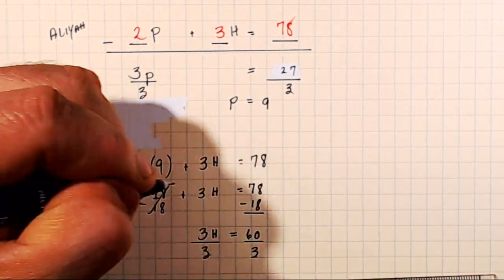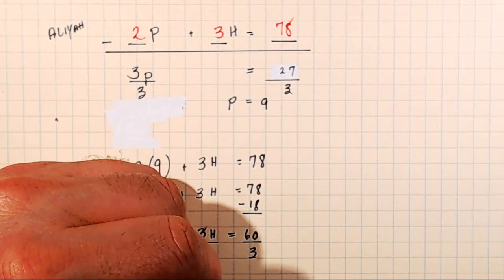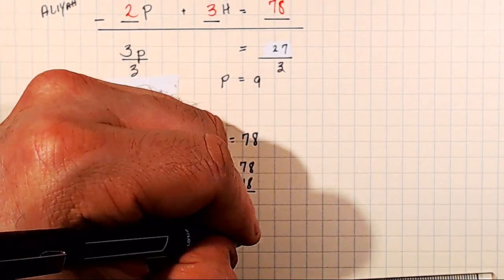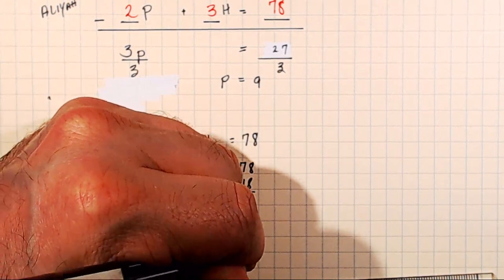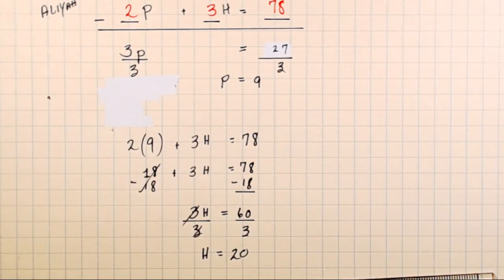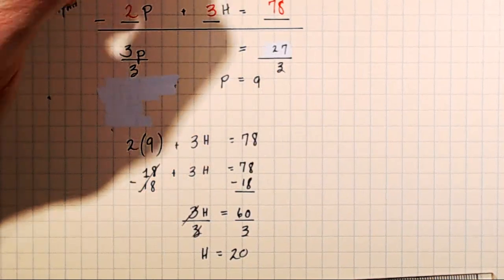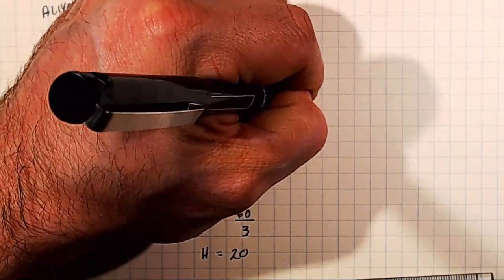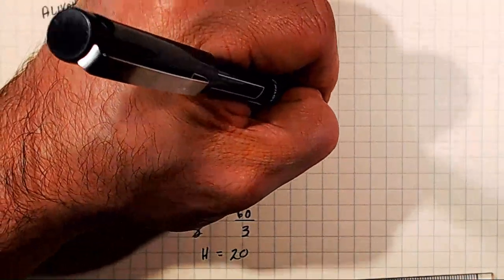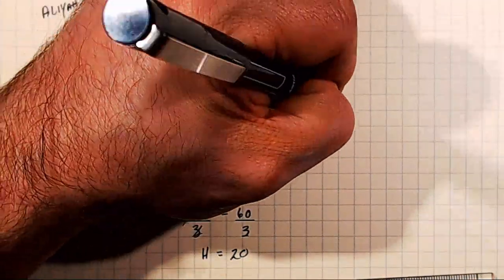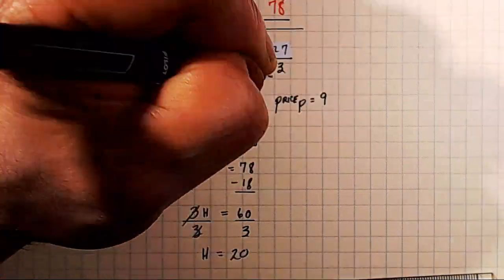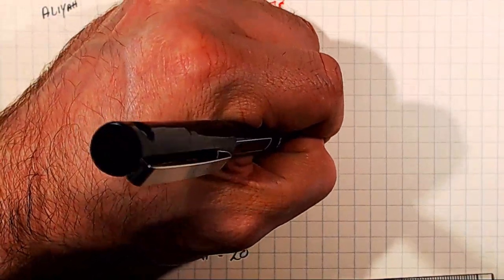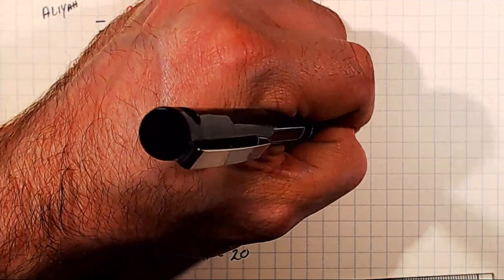Divide both sides by 3. Okay, cancels out on the left. H is now by itself, equals 60 divided by 3. And 60 divided by 3 is 20. Okay, so I'm guessing that this means that the price of plain equals 9, and the price of holiday equals 20.